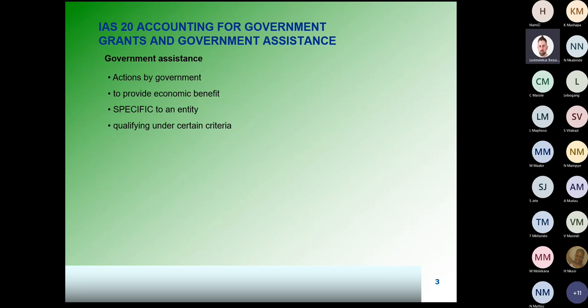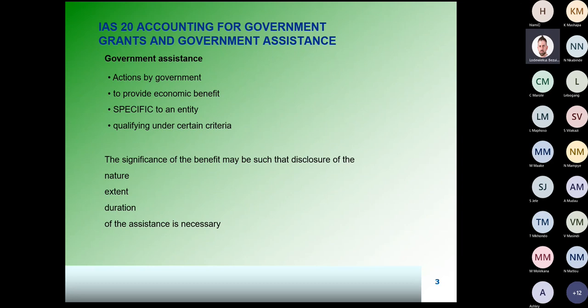It's specific to the entity, so only your own entity can use it. And then there are certain qualifying criteria that must be met. We have to train 5,000 people a year. We must use it for at least 3 years, whatever the case may be. So those qualifying criteria will be part of that agreement for the government assistance.